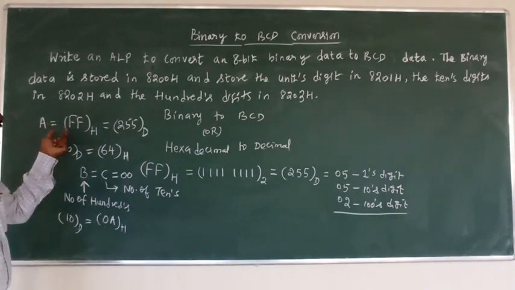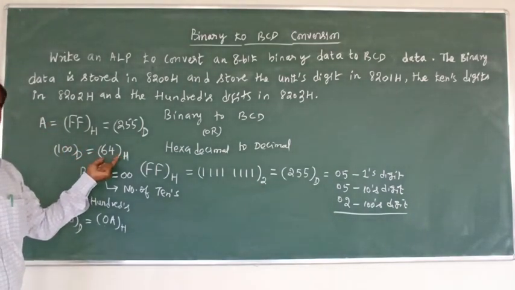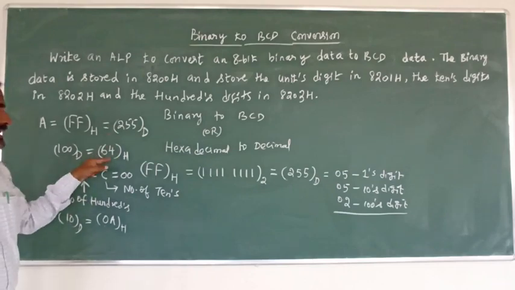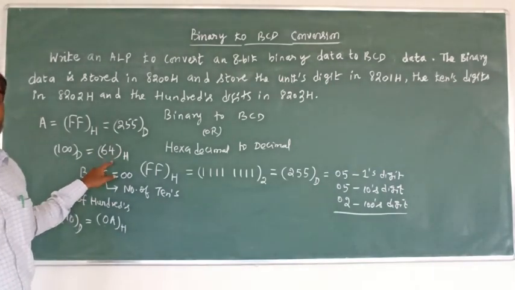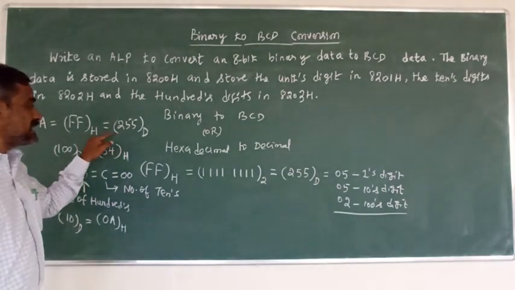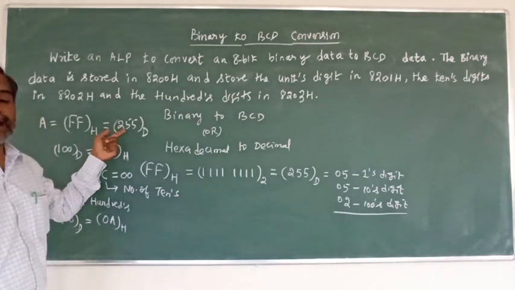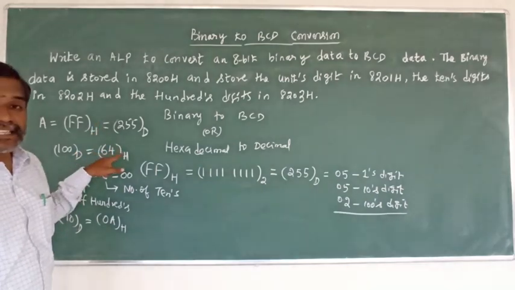Now the accumulator data is compared with 100, that is 64. Now check whether the carry flag is set or reset. When the carry flag is reset, the accumulator content is greater than 100.